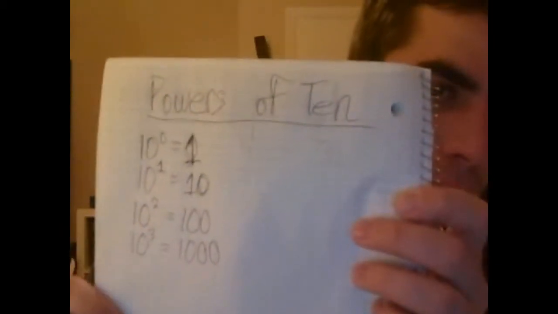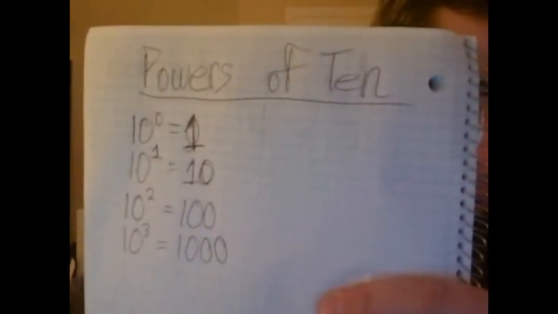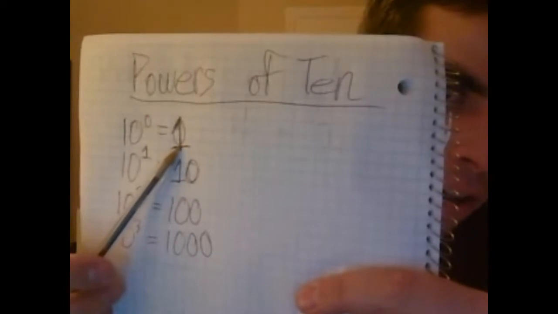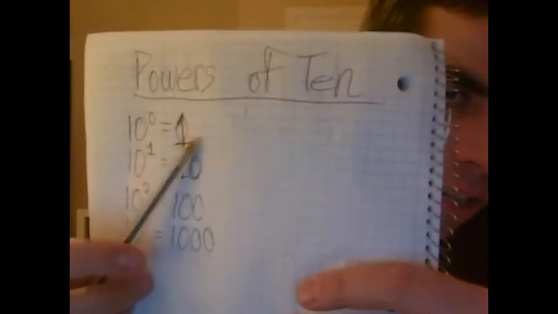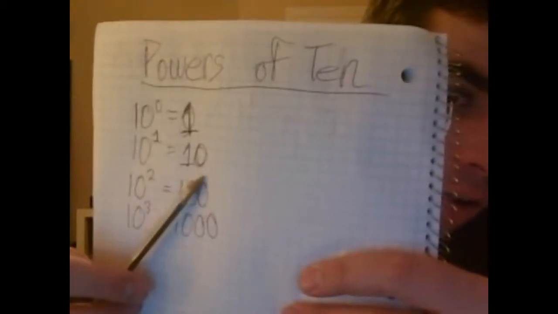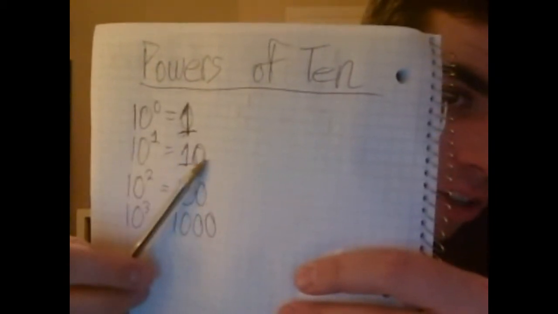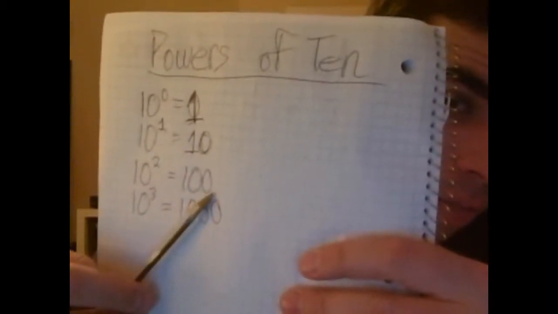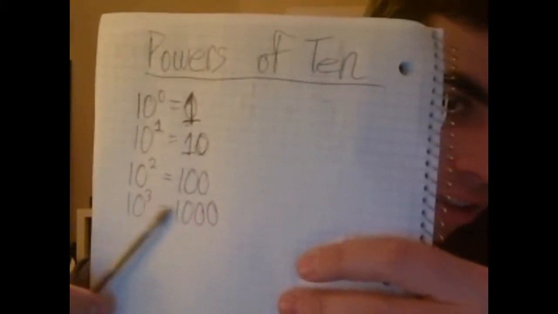So here's something really neat that I want you to note about this. 10 to the 0 is 1 followed by 0 zeros. 10 to the first is 1 followed by 1 zero. 10 to the second is, you guessed it, a 1 followed by 2 zeros, and 10 to the third is 1 followed by 3 zeros.